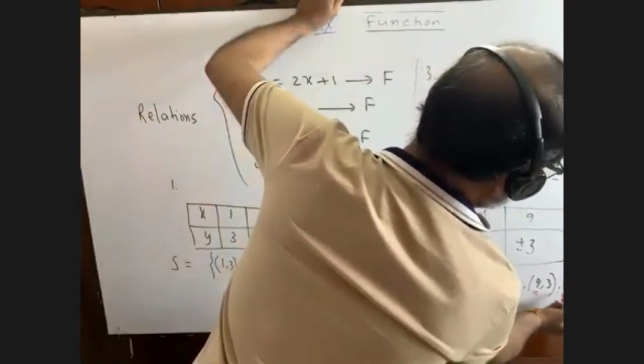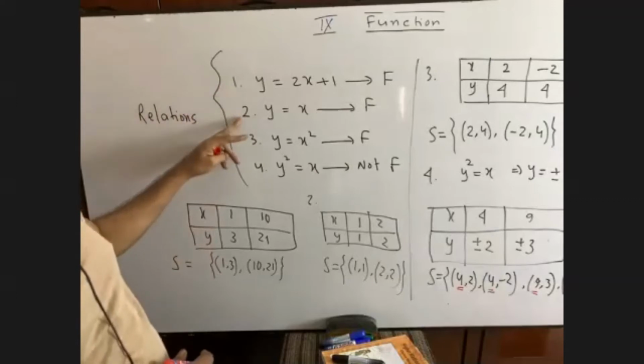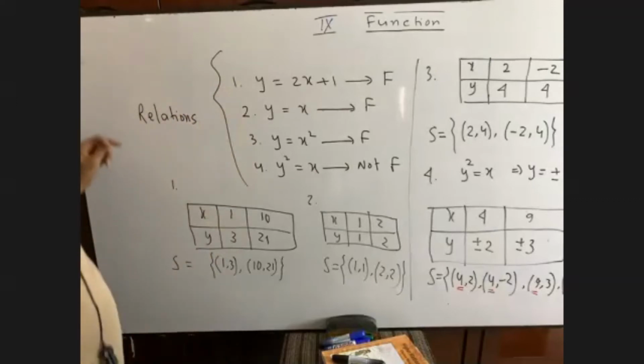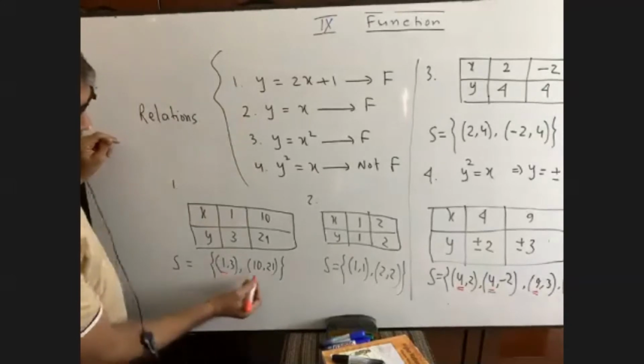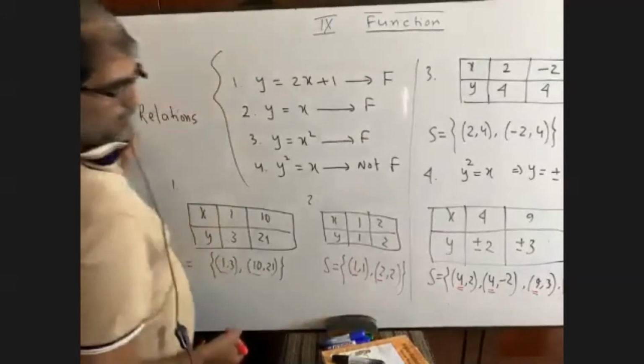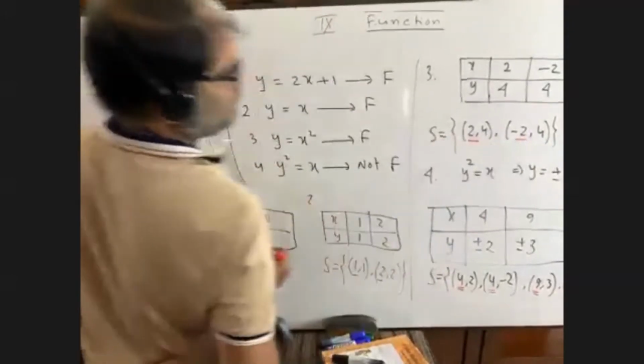In number 4, we are getting two ordered pairs where the first elements are same. But in the other 3, the first elements are different.